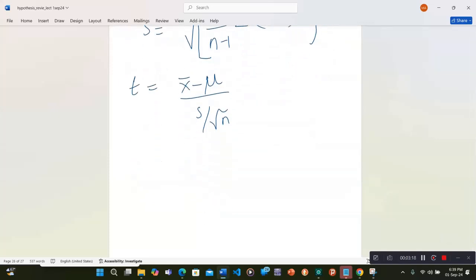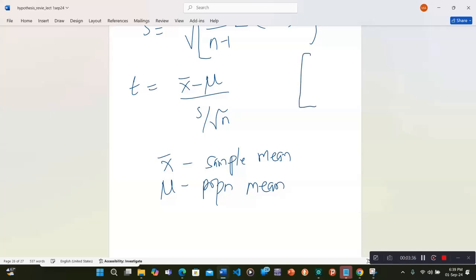So I can say this is sample mean, nu is the population mean. You have to differentiate between sample mean and population mean.